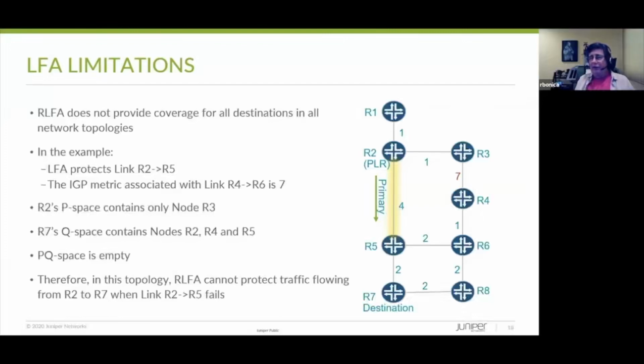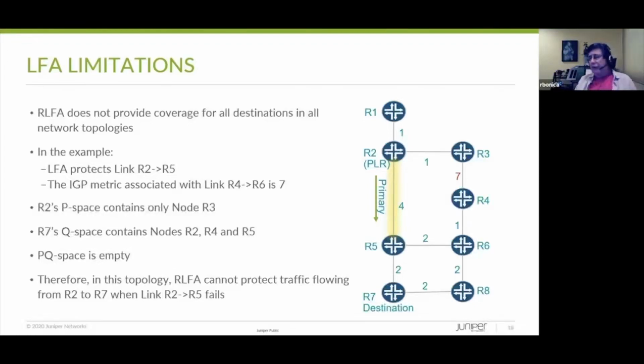The least cost path to almost every place is through the broken link, R2, R5. So the P space has only R3 in it. The Q space still contains R2, R4, and R5, and the PQ space is empty. So in this topology, R2 can't find a repair node for R7, and you just can't get 100% coverage in this topology.